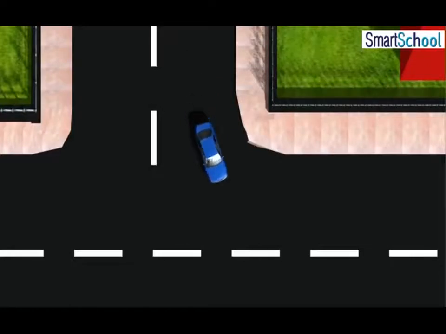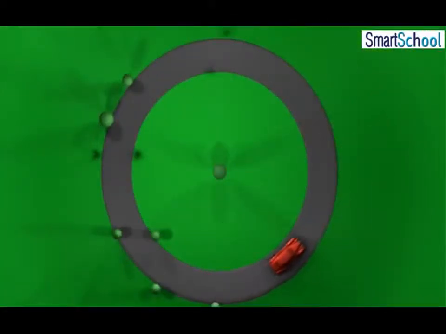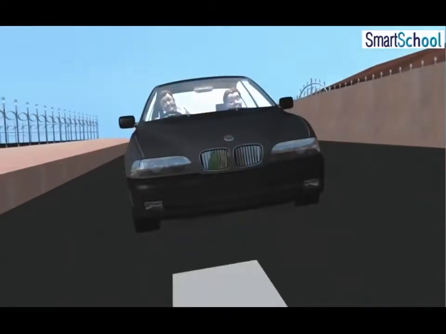For a car taking a circular turn on a horizontal road, the centripetal force is the force of friction. The circular motion of a car on a flat and banked road gives interesting application of the laws of motion.